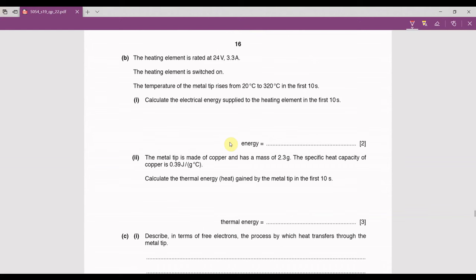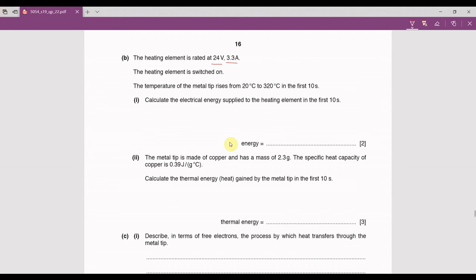Okay, the heating element is rated at 24 volts and 3.3 amperes. So whenever there is a rating given for any electrical component, they're saying that is the working requirements of that particular element. So for a cell, basically they'll give you the EMF.